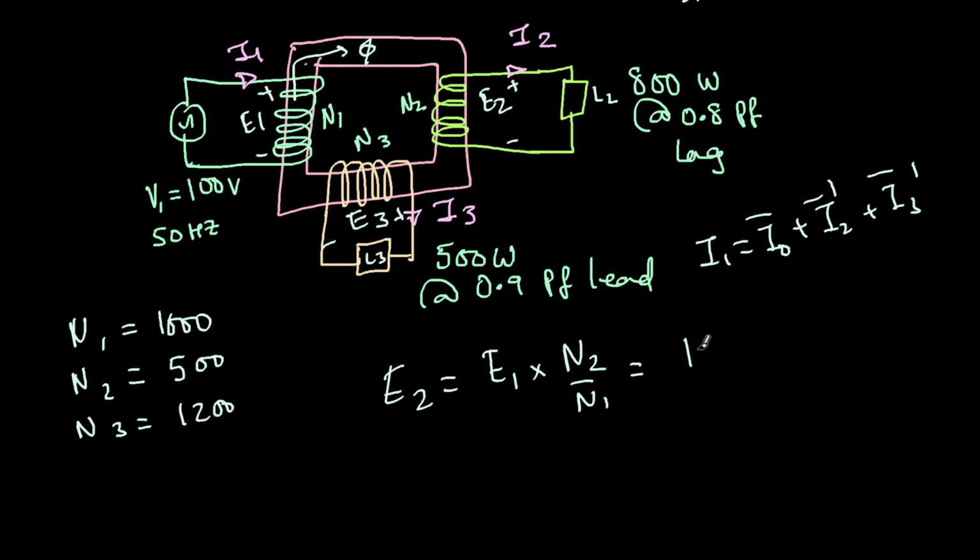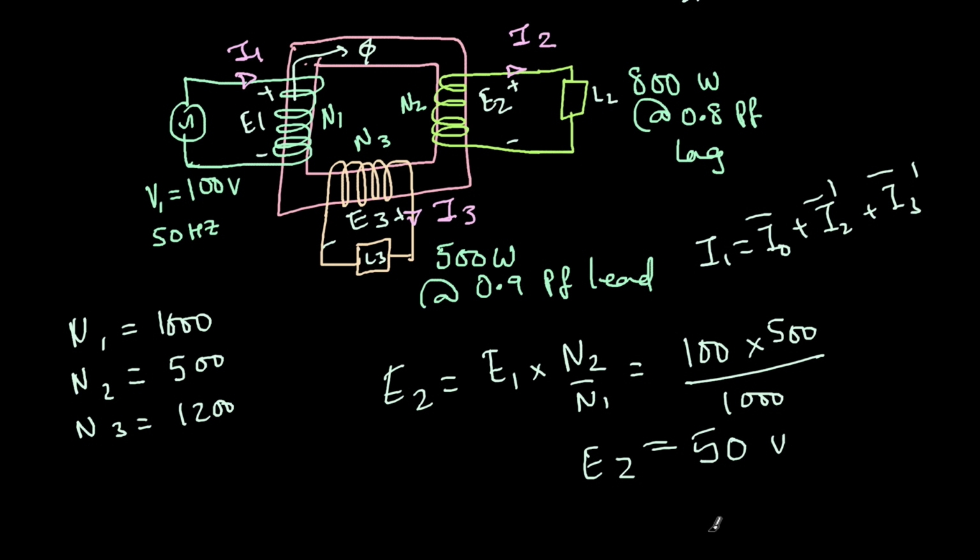So E1 is given 100 volts and N2 is 500 and N1 is 1000. So when I do this, I'll get 50 volts as my E2.